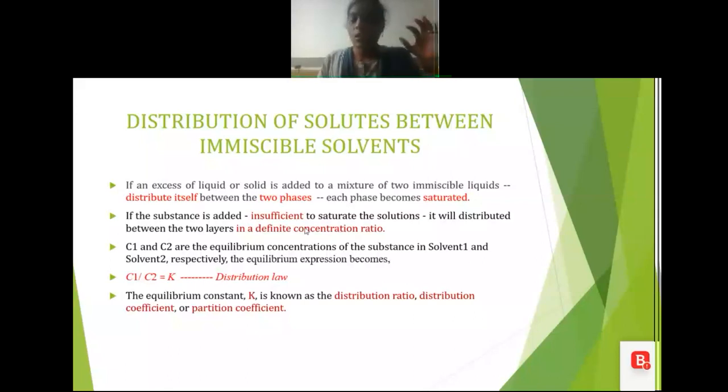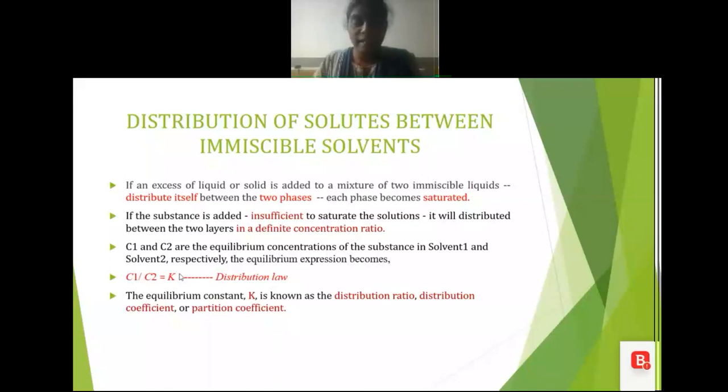Depending upon the quantities distributed within the phases, the partition ratio will be calculated to determine the partition coefficient. How will the ratio be determined? That ratio K is given as the ratio between the concentration of the substance present in the organic liquid and the concentration of the substance present in the aqueous liquid.